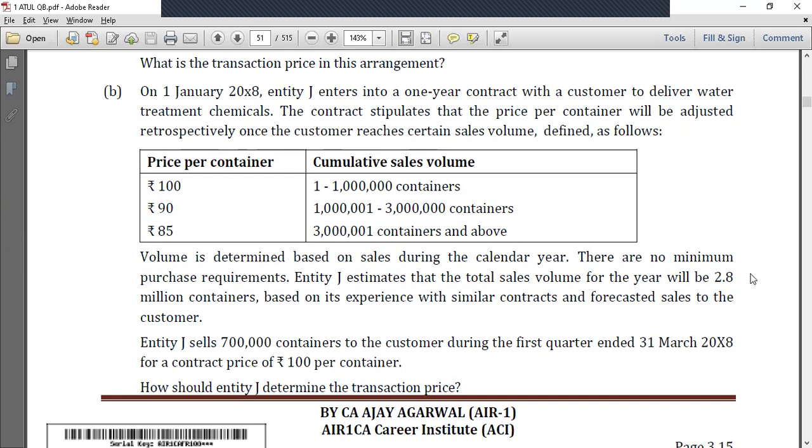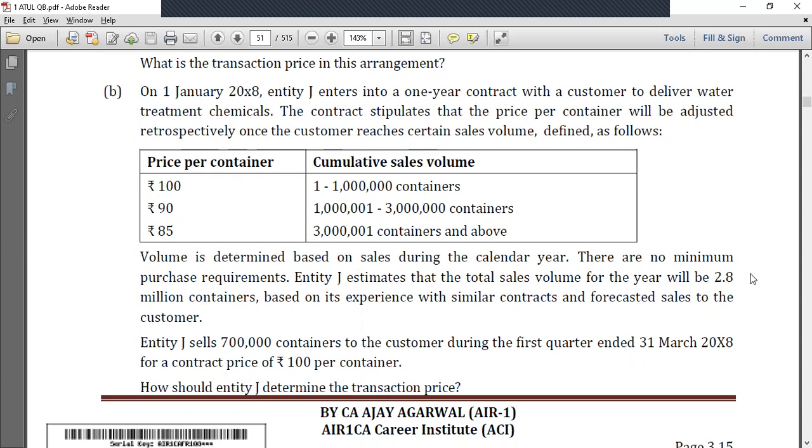So entity Y estimates that the total sales volume might be 2.8 million containers.